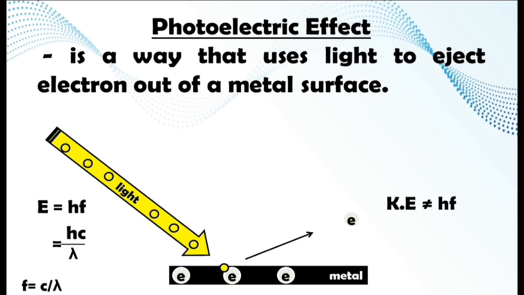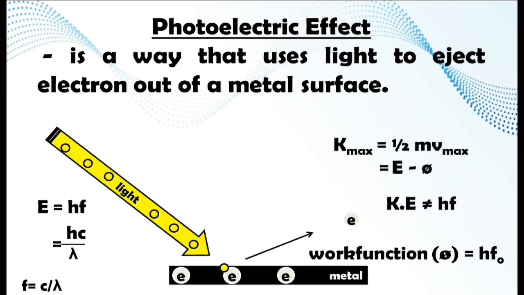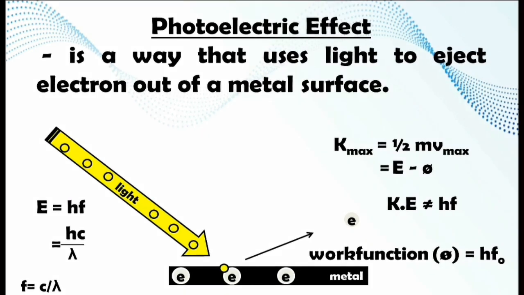The minimum energy needed to release the electron from a metal is called the work function of the metal, represented by this sign, and is equal to the product of Planck's constant and threshold frequency of the metal. The maximum kinetic energy of the ejected electron or photoelectron is equal to 1/2 times mass of photoelectron times maximum speed squared, or simply energy of photon minus the work function.